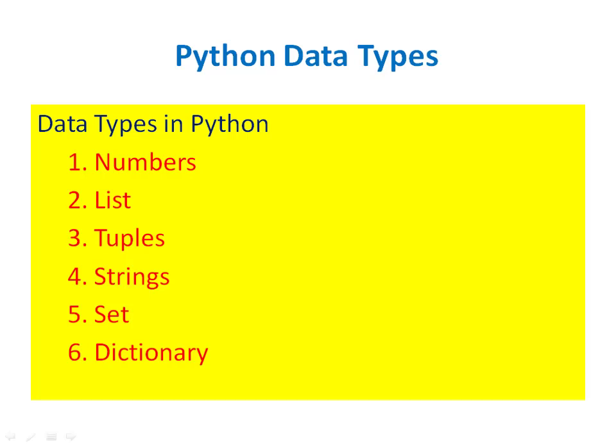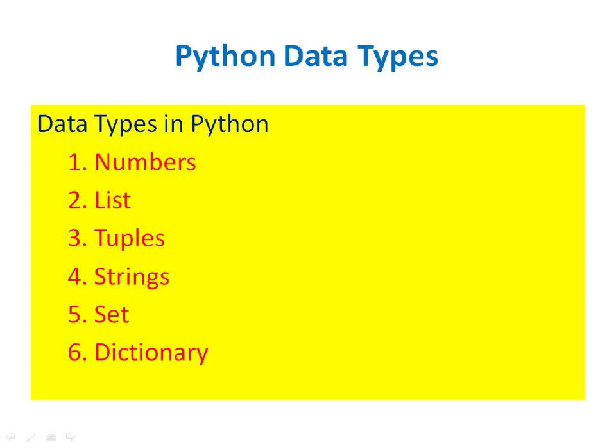Now here is a list of the data types which are available in Python: number data type, list data type, tuples, strings, set and dictionary. Number data type we have seen in the last session, that it consists of integer, floating point and complex numbers. We have seen how to interconvert between the various data types.